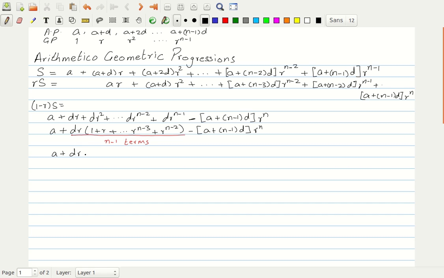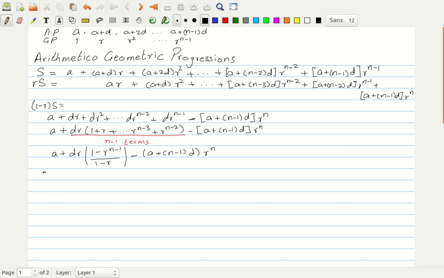So, a is 1, so it is simply 1 minus r to the power n minus 1, because there are n minus 1 terms in this, divided by 1 minus r. I am simply using the geometric progression sum formula for n terms, minus a plus n minus 1 d r to the power n.